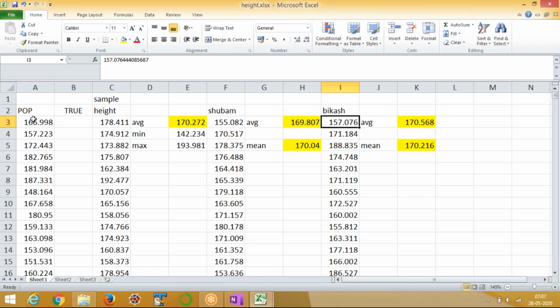The third person also, the same information, because it is not going to change on the population data. The only change can happen on the sample data, because these people and those people are different. But when these three people go to meet the population, everyone will have the same values. Is it clear, guys? Whatever calculations you do on the population are not going to change. That's why these are called parameters.